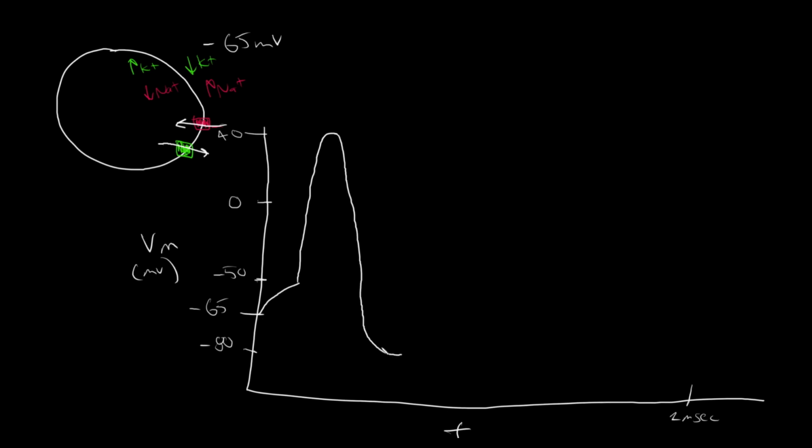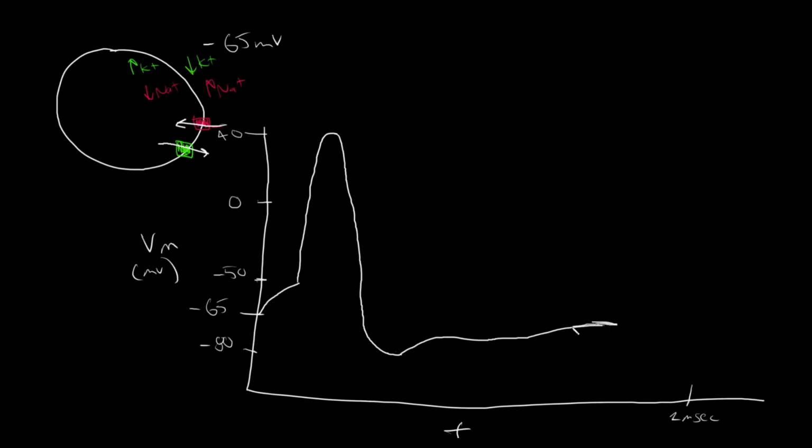This stops once voltage-gated potassium channels basically clog up and inactivate. And then it's necessary to have a repolarization of the membrane back to negative 65.